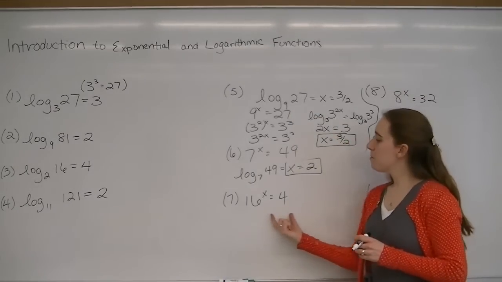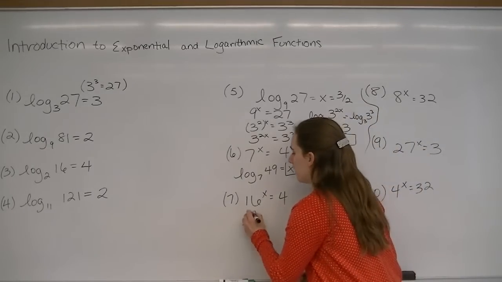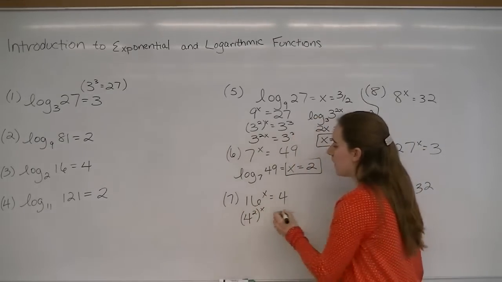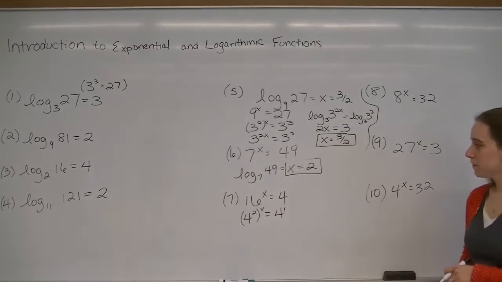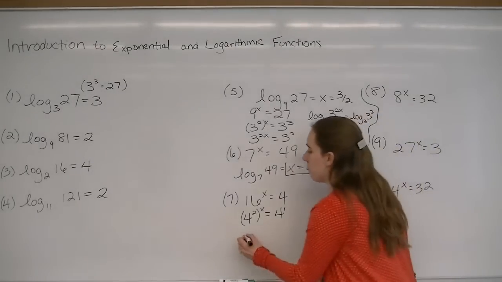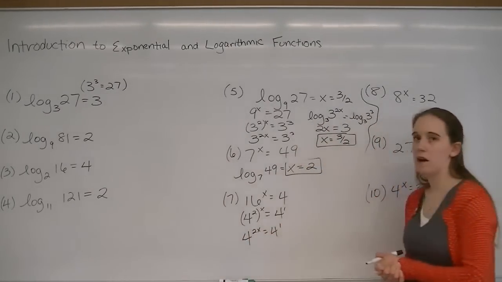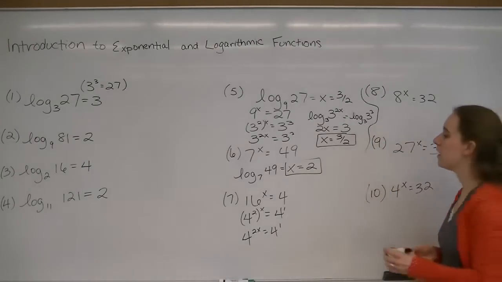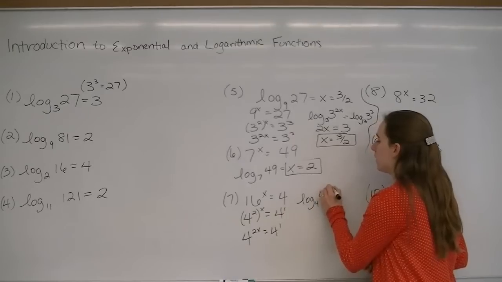If I think about a base that both of them share, 16 is 4 squared. So I'm raising that to the x power, and 4 is just 4 to the first power. So this tells me that 4 to the 2x power is the same as 4 to the first power. So just like I did up here, I can take log base 4 of both sides.